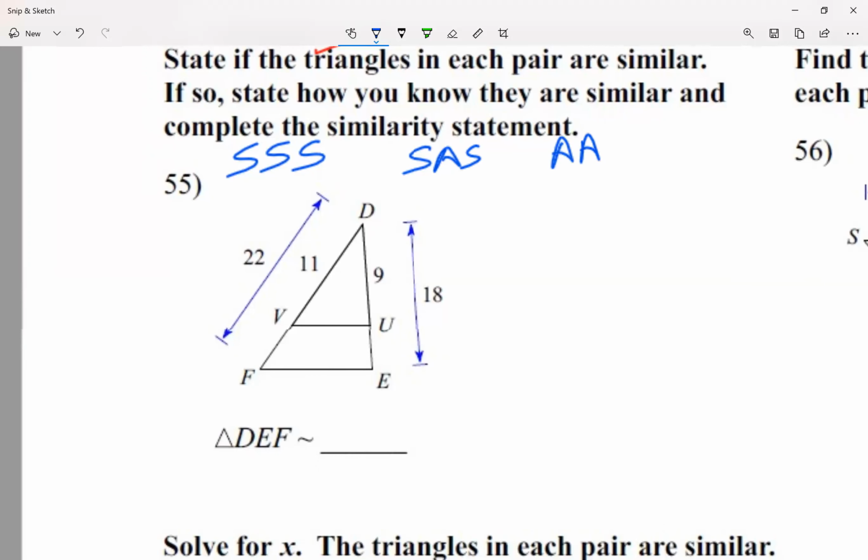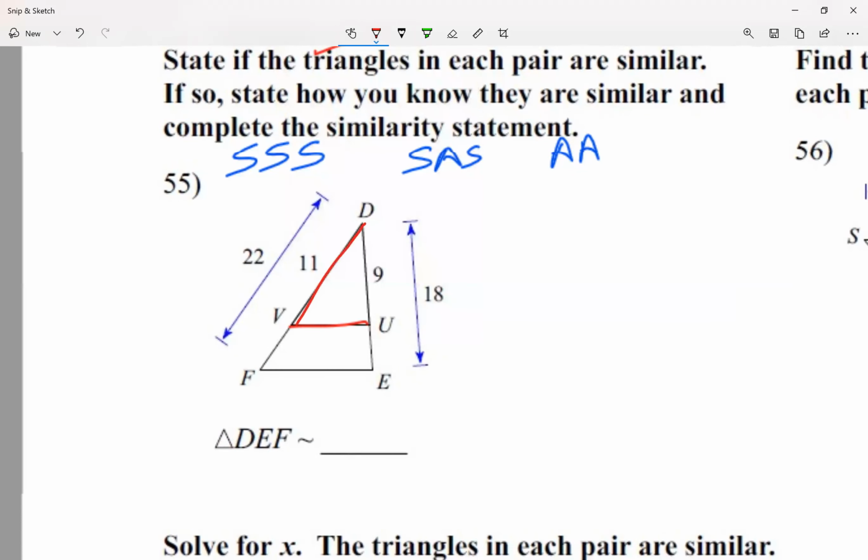If I'm using sides, make sure the sides are proportional. So comparing your triangles, make sure they are proportional. If you're using angles, make sure the angles are equal. All right, the first one I tried is side, side, side. If there's 3 sides of a triangle, cool, I just go for that. But looking at this one, there is a small triangle.